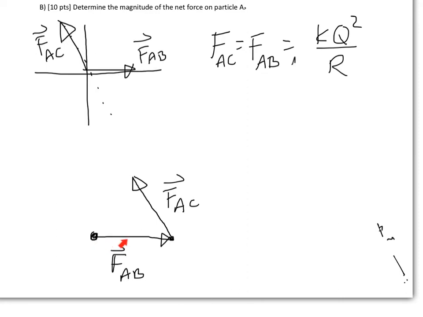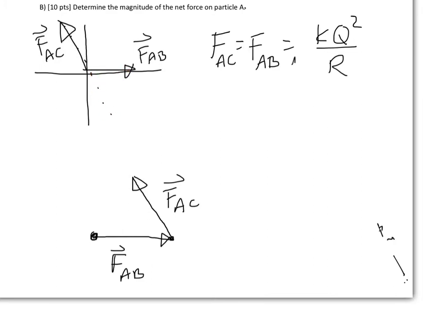We know that this magnitude is the same as that magnitude, because both extra charges are the same distance away from the central charge. We also know from this diagram that this angle between the horizontal and the vertical is 60 degrees. Why is that? Because this angle here is 60 degrees, because that's the angle essentially defined in the problem.